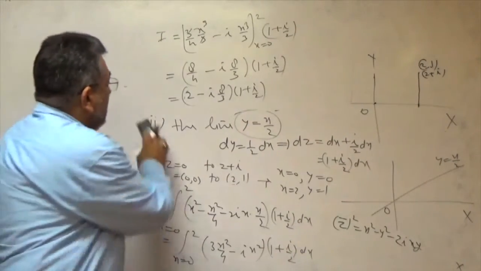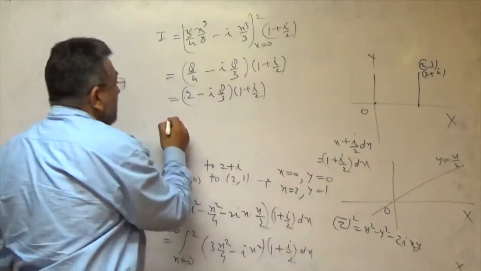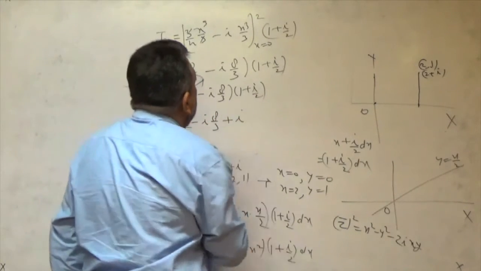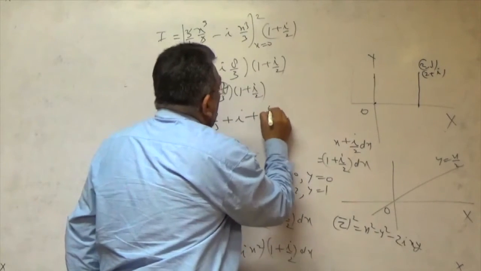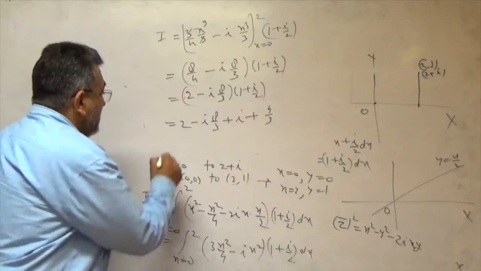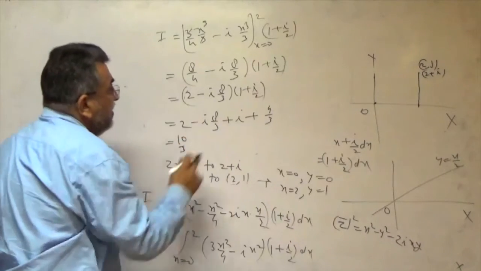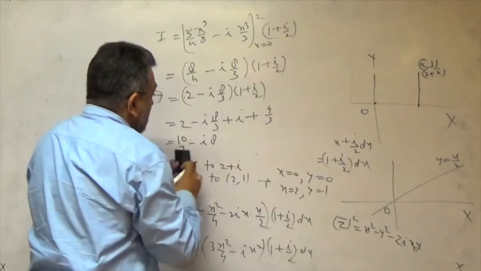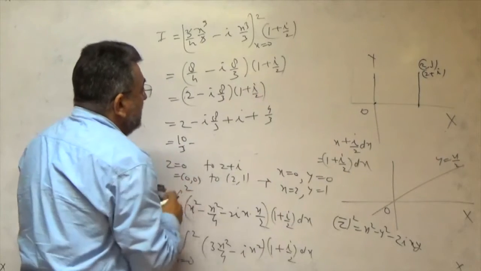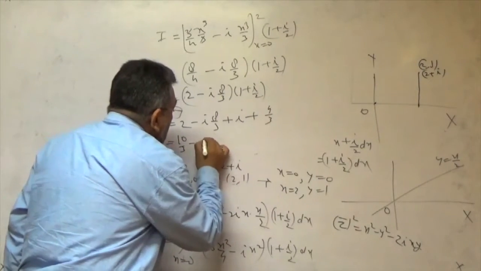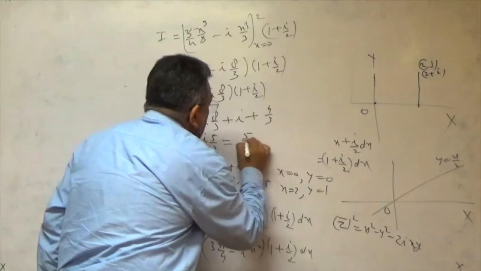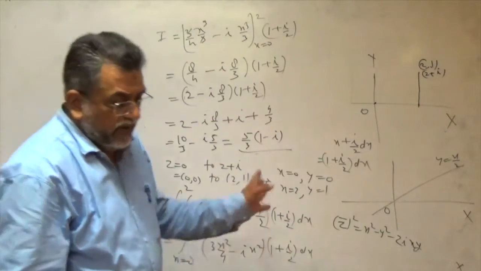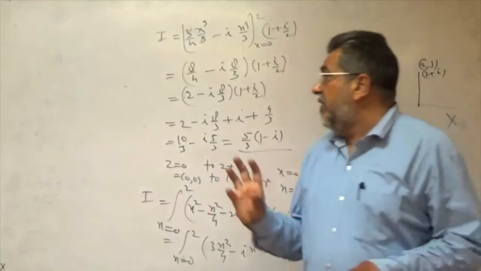Now multiplying these, we open this complex multiplication: 2 minus i 8 by 3 plus i minus i square 4 by 3, that is 10 by 3, and minus i 5 by 3. If we take 5 by 3 as common, then we get 2 minus i. This is the answer of the second part of the question.